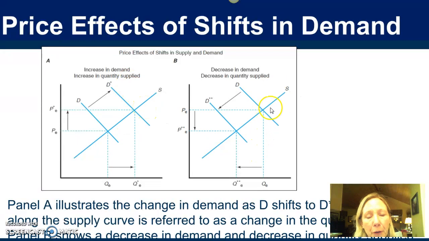Okay, here's the reverse. In this case, again, we're looking at a shift in demand, and this could be caused by a change in consumer preferences. Let's say that a product is no longer considered healthy, or there's a disease outbreak in the market and people don't want to buy the product anymore. So we start out with the demand here, equilibrium, price is pretty high, things are looking good.